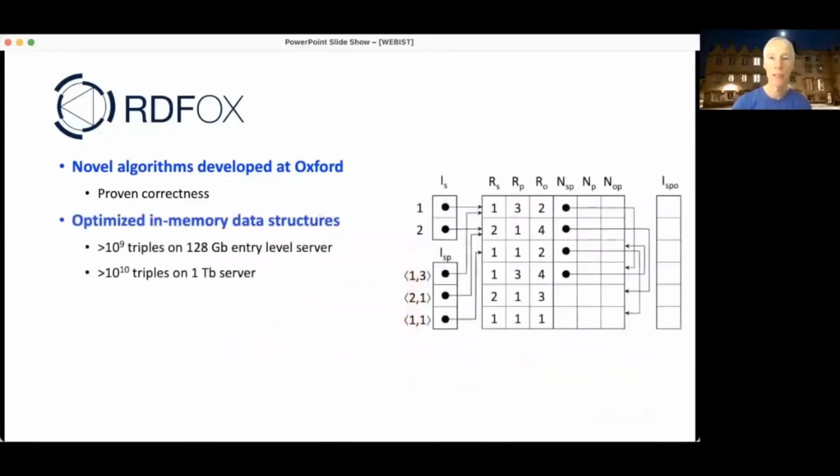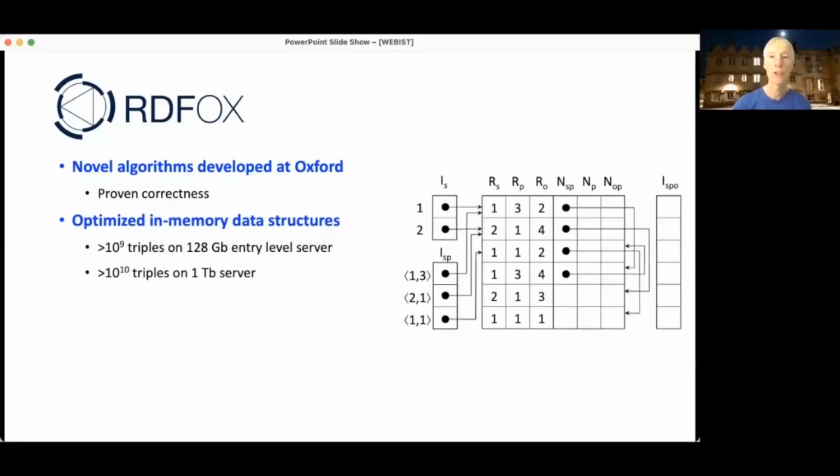As we've seen, materialization effectively means repeatedly answering queries corresponding to the bodies of rules and adding the answer tuples back into the graph. An RDF graph is just a set of subject, predicate, object triples, and query answering involves computing joins over these triples.